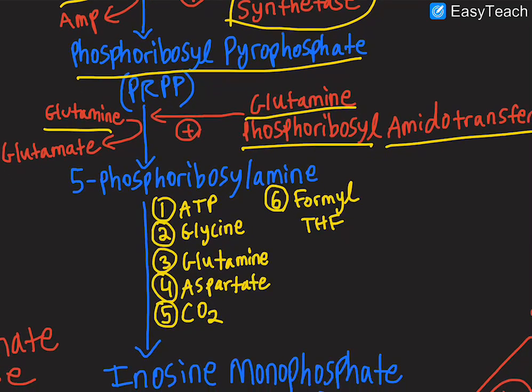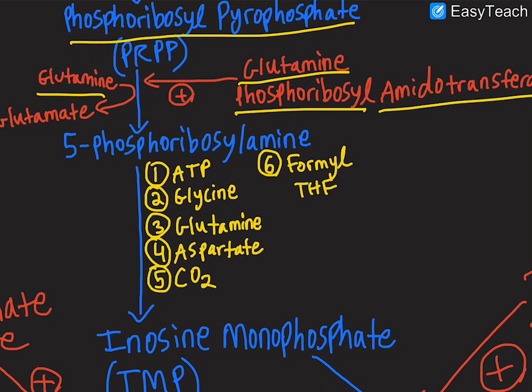Now that we have 5-phosphoribosylamine, we can put it through a bunch of reactions and make IMP. But there are so many reactions after this that I feel it's just important to know what molecules we use in the future reactions in order to make IMP. We need ATP, glycine, glutamine, aspartate, carbon dioxide, and formyl tetrahydrofolate.